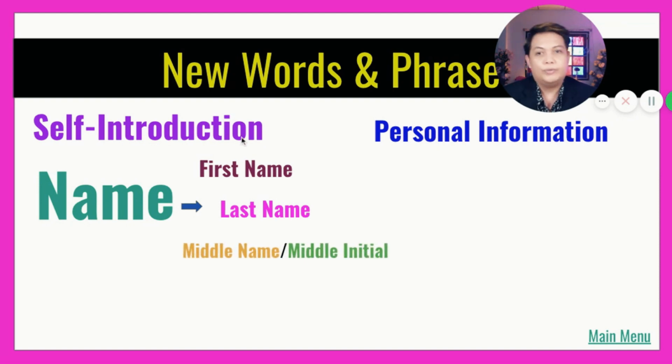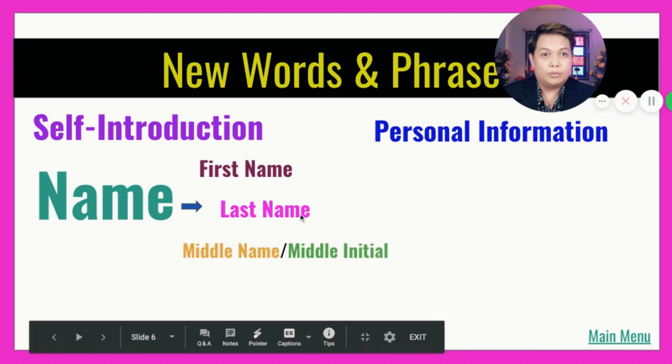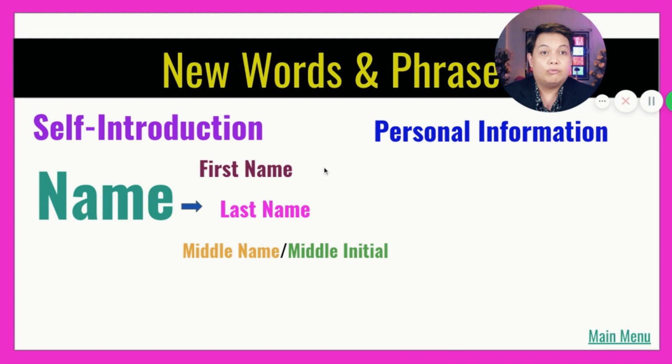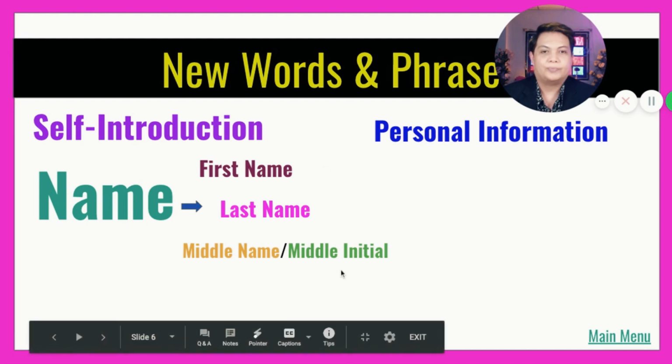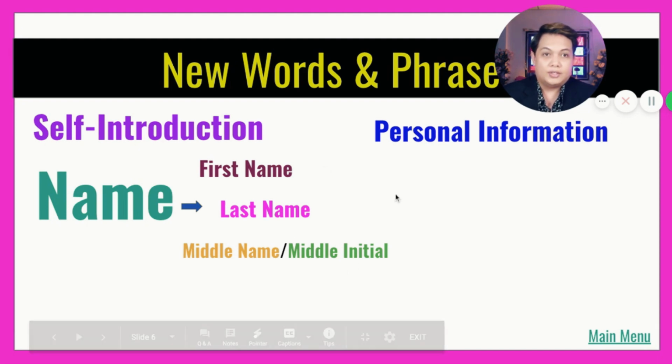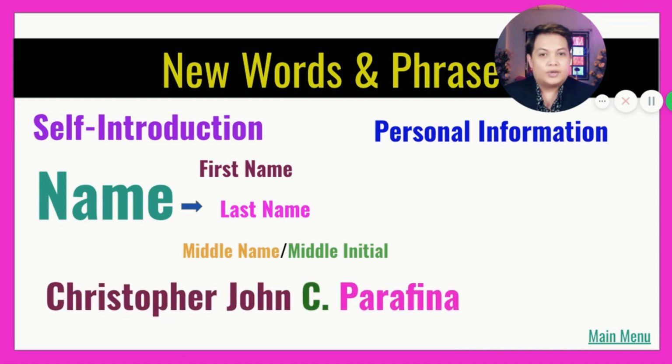First name, last name, and middle name all in one place is what we call the full name. Let's take for example Teacher Chris's full name. My full name is Christopher John C. Parafina. Let's try to separate all this.